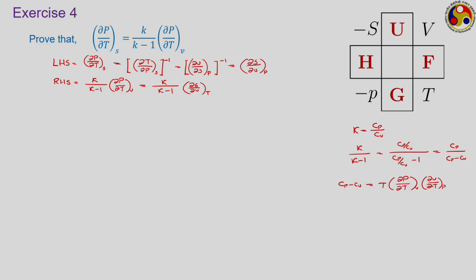So, we have to make use of this here, and therefore, though we could have used the Maxwell's relation directly, that we are not doing here. What we are doing is we are putting this substitution for k.